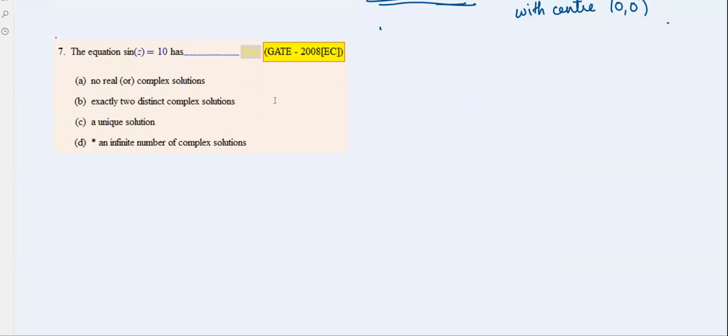The equation sin z is equal to 10 has how many solutions? Now what is sin z? E power iz minus e power minus iz upon 2i equal to 10. So we get e power iz minus e power minus iz is equal to 2i into 10.